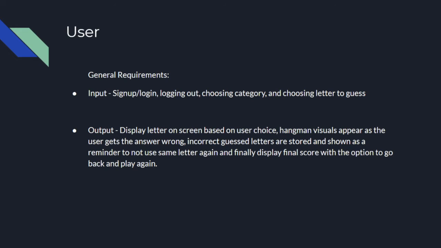And we will display the letters guessed incorrectly as a reminder that you, the user, cannot use those same letters again, with the option to go back and forth after you finish the game.